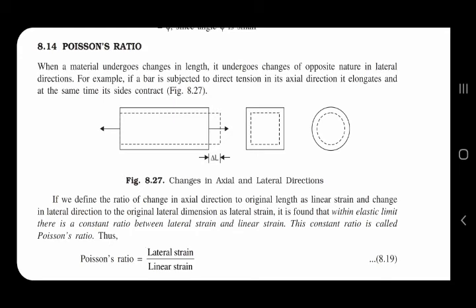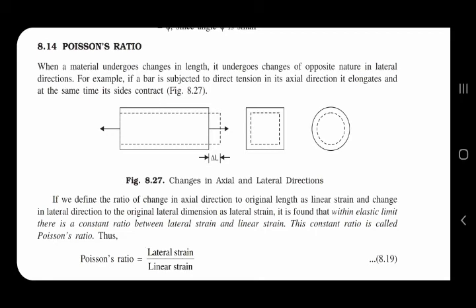It can be shown that the volumetric strain is the sum of the strains in the three mutually perpendicular directions, that is epsilon V is equal to epsilon x plus epsilon y plus epsilon z. That is the standard formula for the strain in three dimensions.